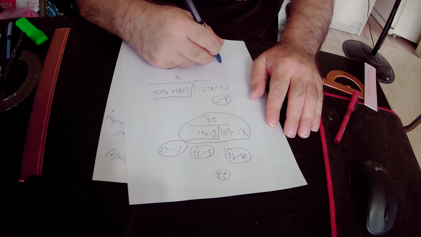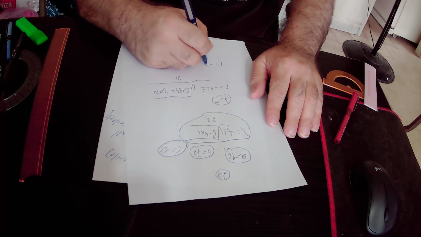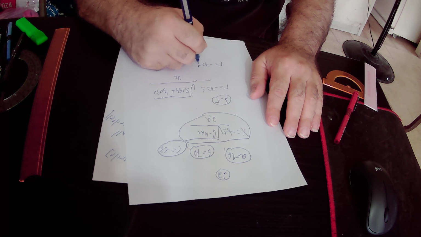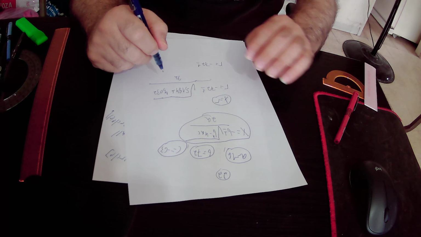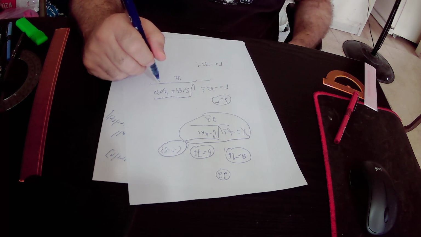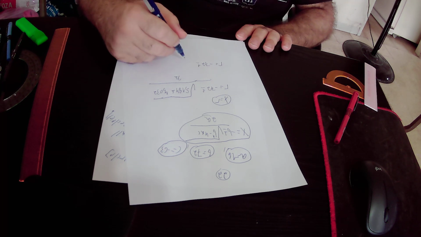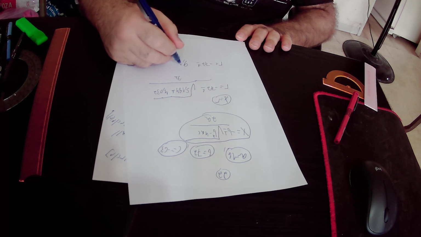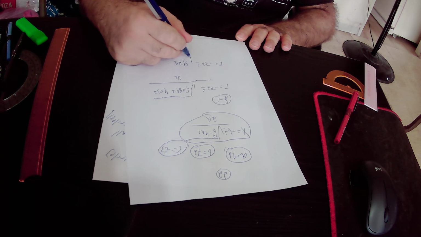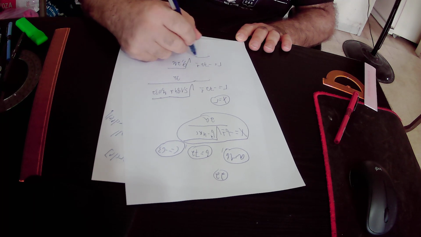So in total we got that r equals minus 72 plus minus the root of 5184 plus 4032, which is 9216, over 32.